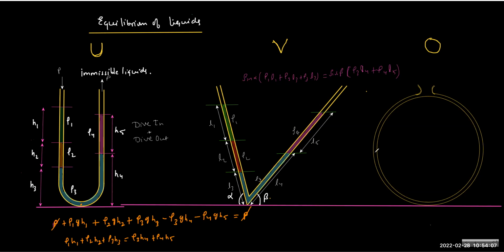So initially, it was filled with just two liquids, exactly filling the half of the tube. So it was filled by just two liquids on the left and the right.